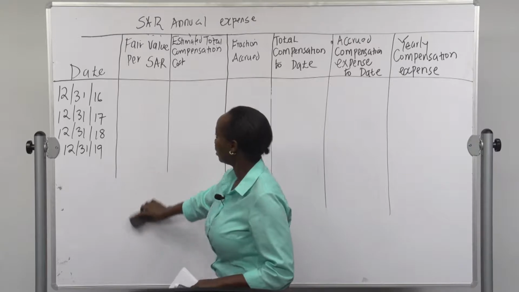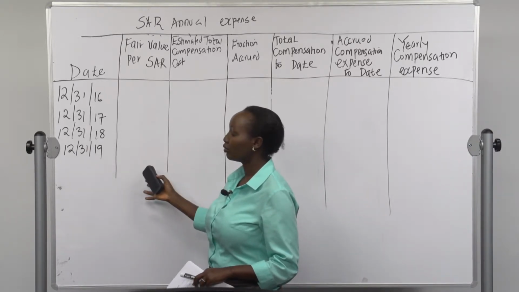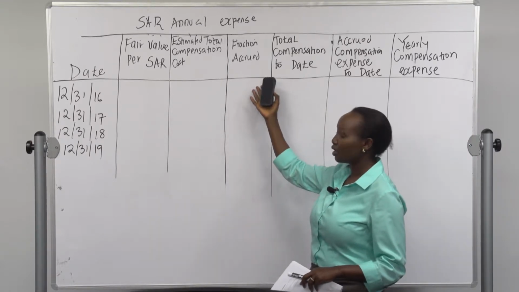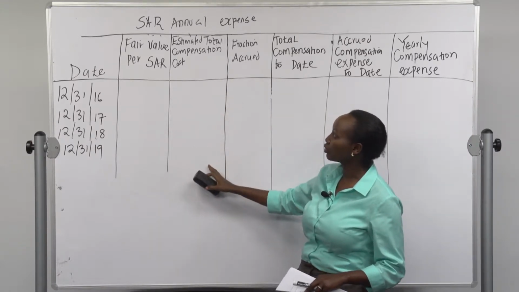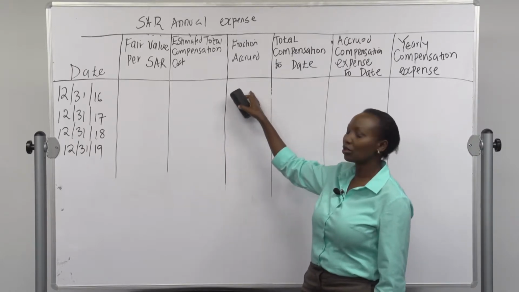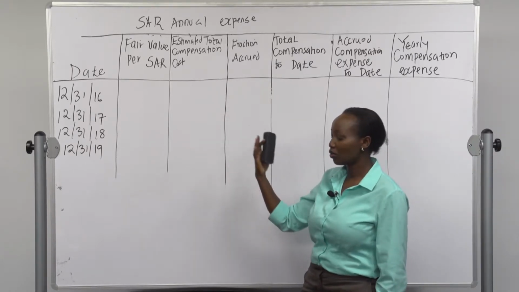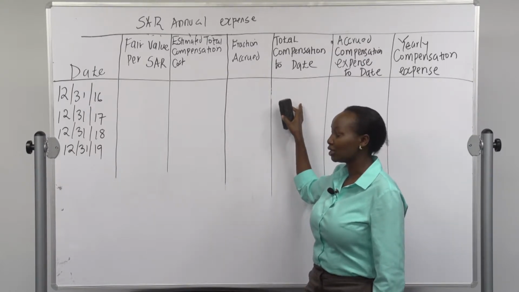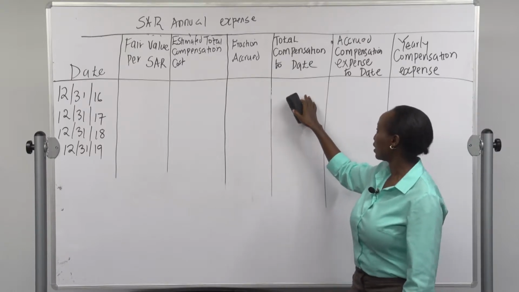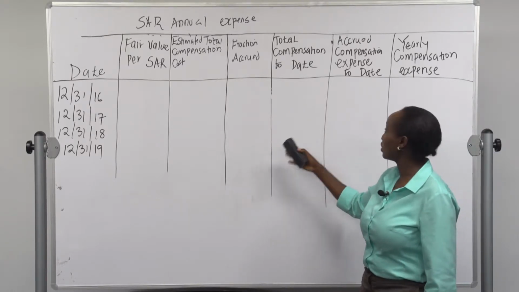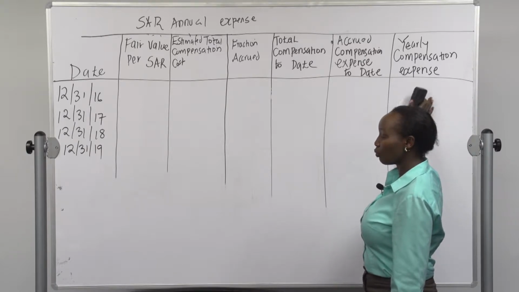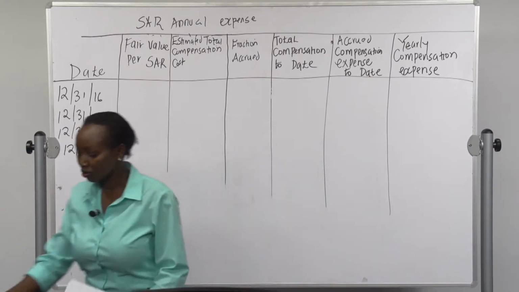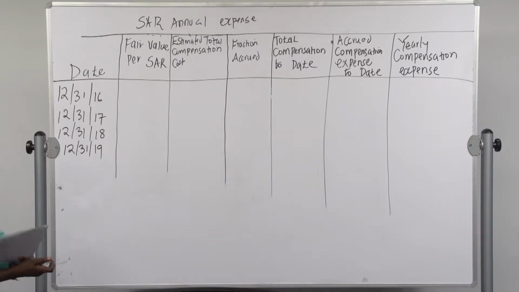So we keep track of the fair value of the SAR, the estimated total compensation at any point in time, and with the total compensation, we multiply by the fraction accrued, meaning how much of the time has elapsed at that point in time. That's how we get the compensation to date. Once we get the compensation to date, we subtract what we already accrued in the past to get the amount for this year. So to get the yearly compensation expense, we subtract what has been accrued so far.